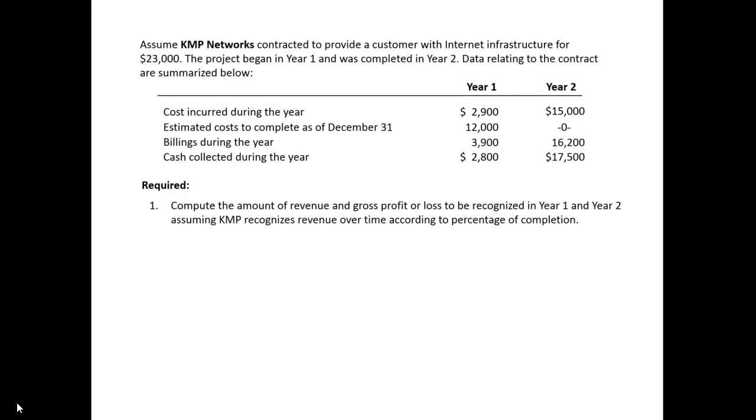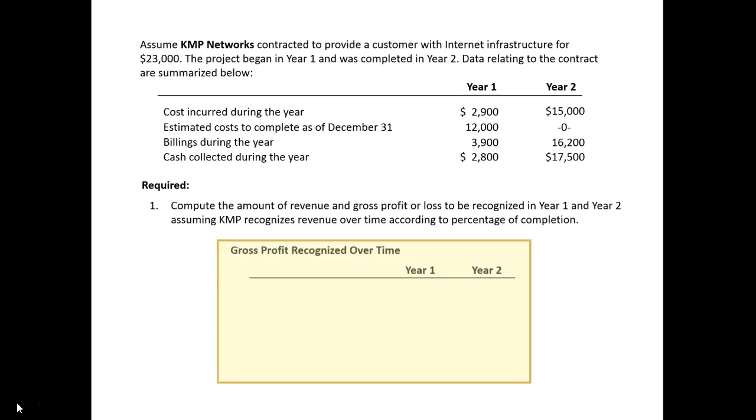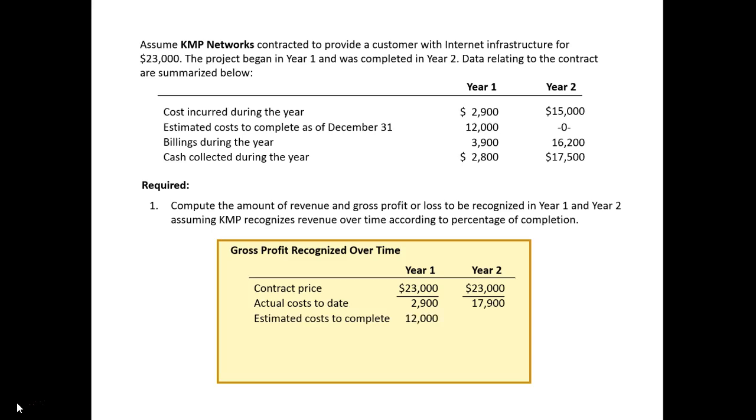So let's start with the first requirement. We're going to compute the amount of revenue and gross profit to be recognized in years 1 and 2 according to the percent of completion. So the contract price is $23,000. Actual cost to date of $2,900 in year 1, $17,900 in year 2.